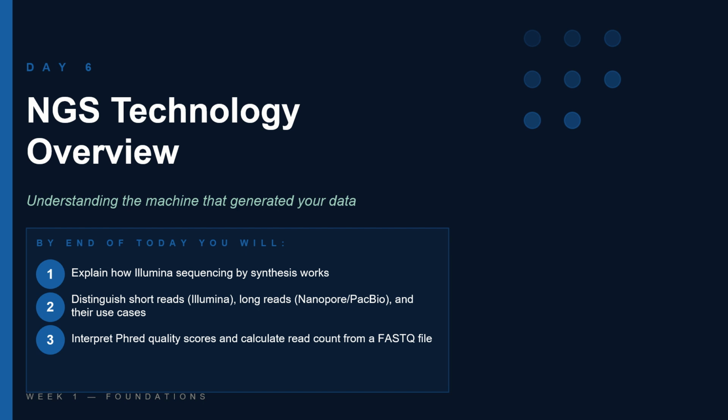Illumina is one of the most popular because it is a short read method. So there are different types of sequencing platforms: short read and long read. The short read platform is Illumina, while the long read platforms are Nanopore and PacBio.